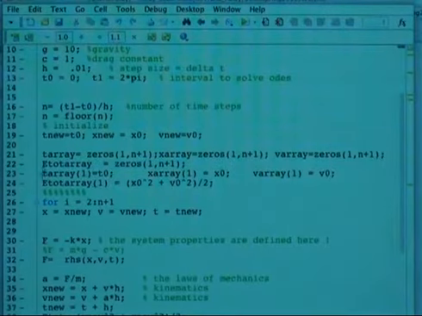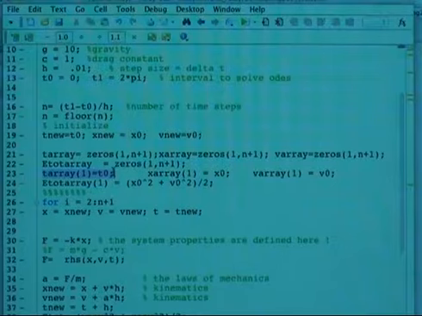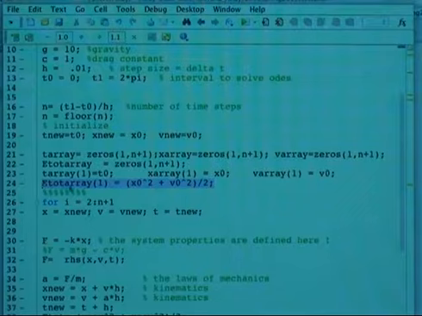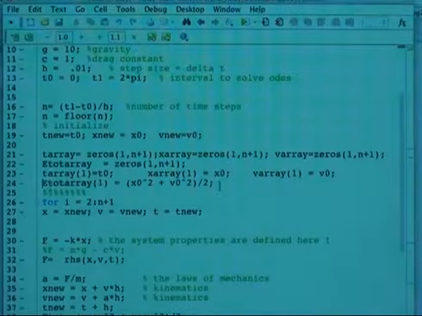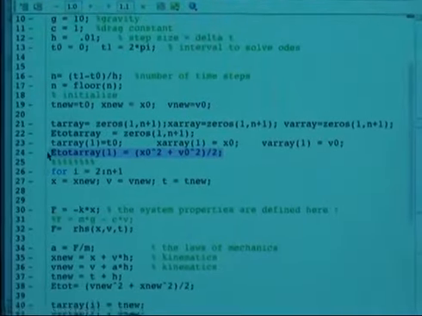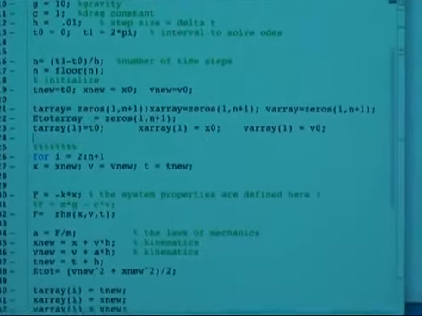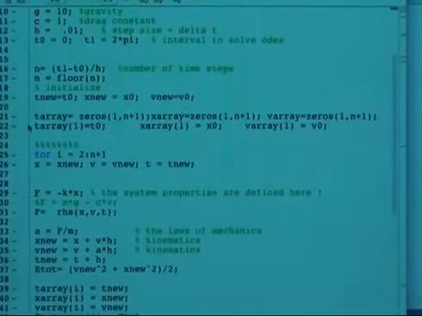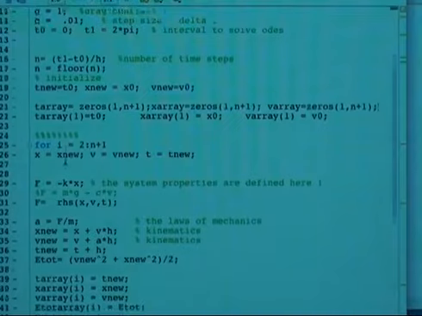Then we want to start out putting in our initial conditions, starting time at t0, starting position at x0, starting the velocity at v0, starting the initial kinetic energy at the value of the initial kinetic energy of the system. I think I'm going to drop this for now because it's an extra confusion for my purposes today. So let's just leave out the energy calculation today. So we're not going to check the accuracy of things.